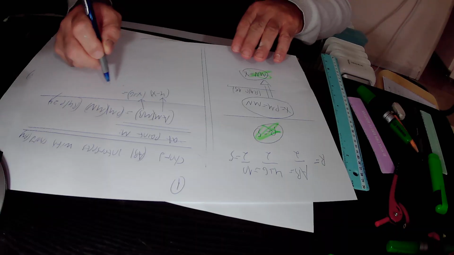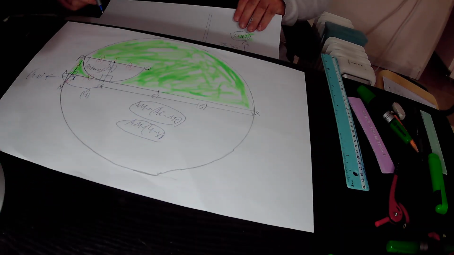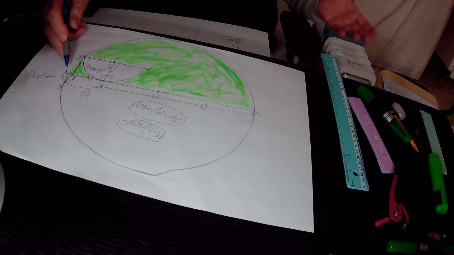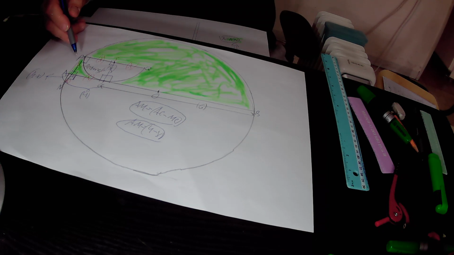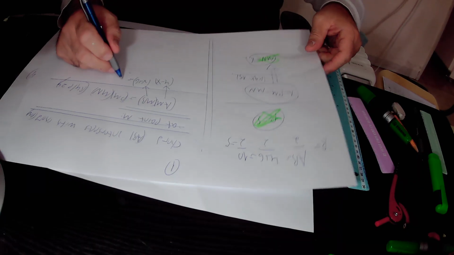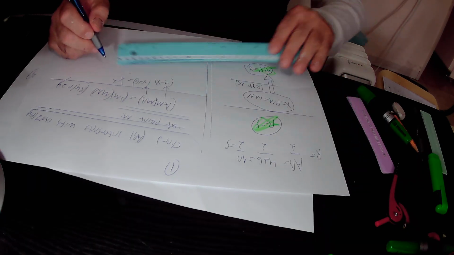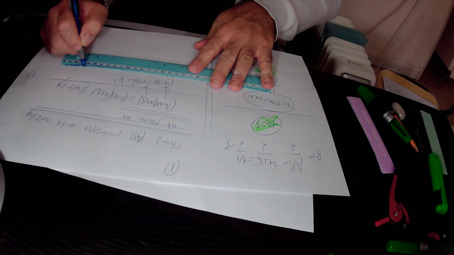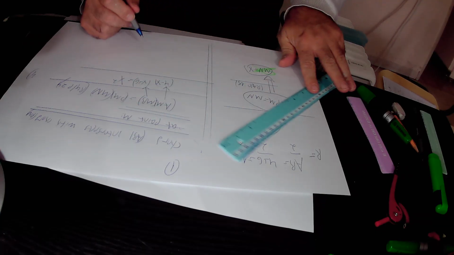And it equals PM times MN. PM is X, MN is also X, so PM times MN is X times X, that is X squared. So in total, we find that 4 minus X times X plus 6 equals X squared.